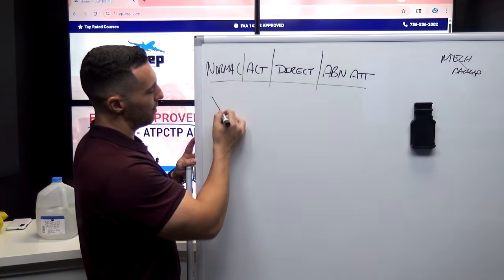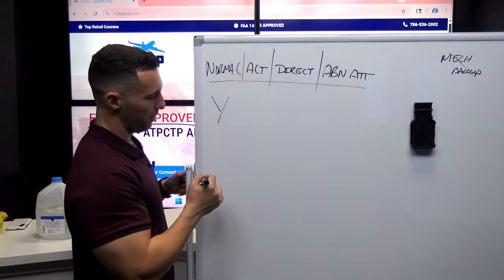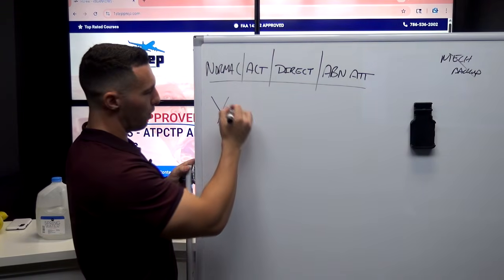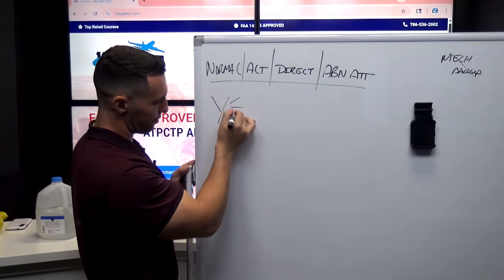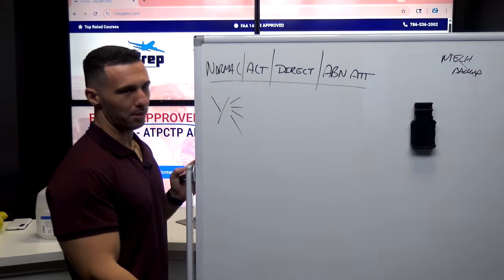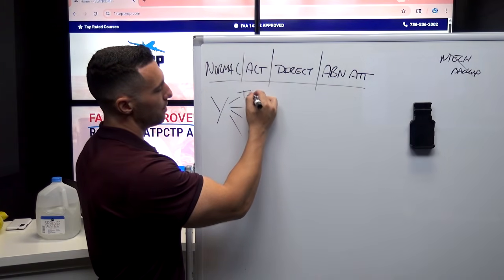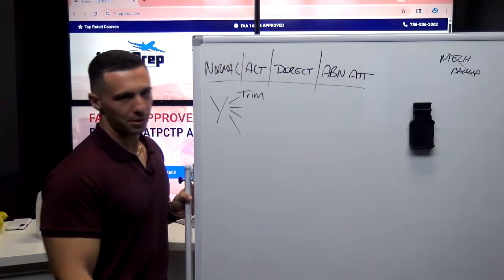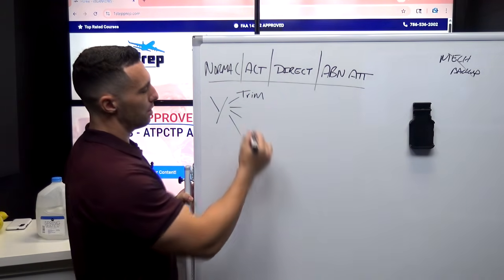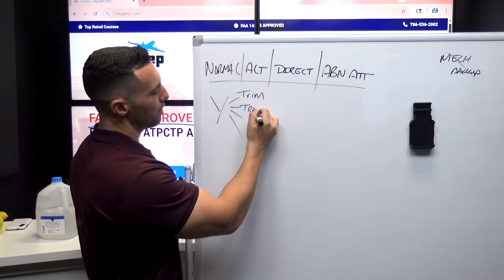And so with that, I'm going to put a Y here, and we're going to talk about things that have to do with the Y, or the yaw axis. And there's 4 elements to this. I have rudder trim. The FAC controls rudder trim. I have the travel limiter.